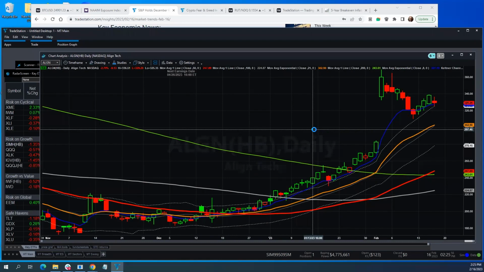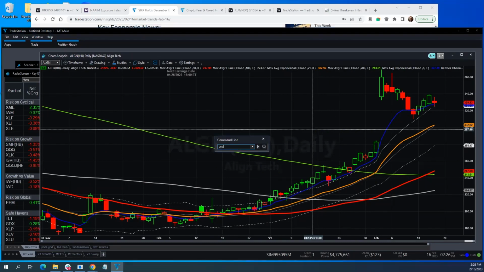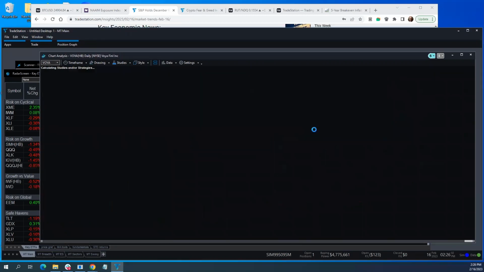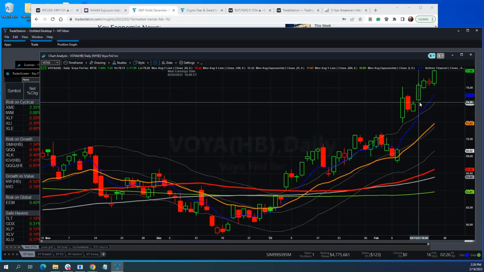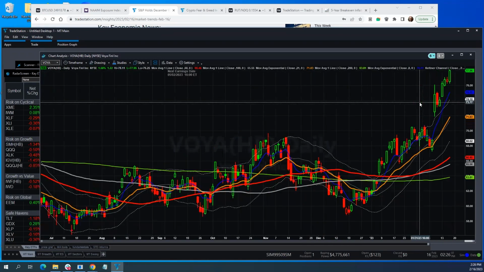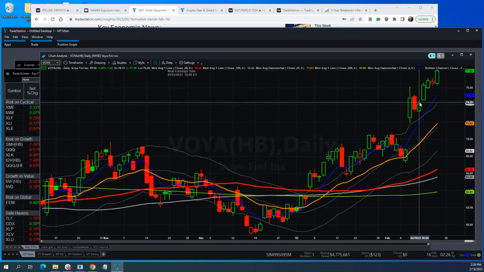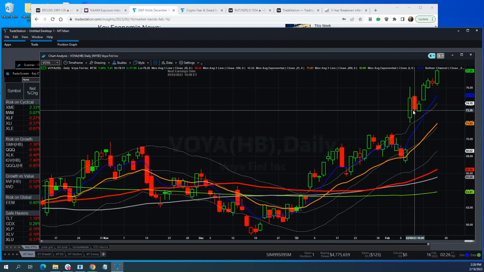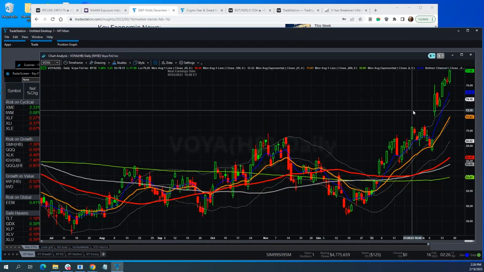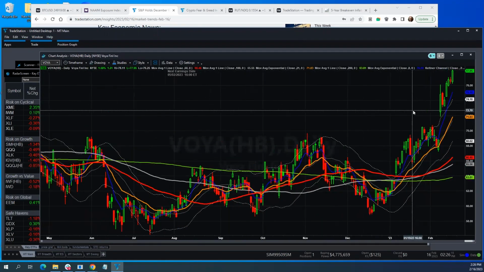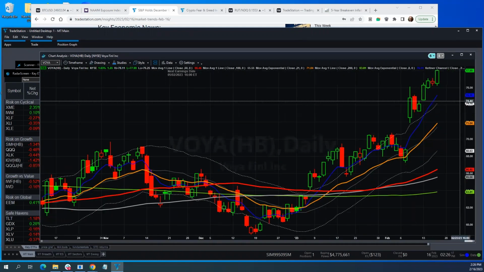And then another one was Voya Financial, which we had highlighted last time. We had talked about its low multiple and its high short interest. We had highlighted this one as a short squeeze candidate, and it is pushing higher. So this is one from last week.